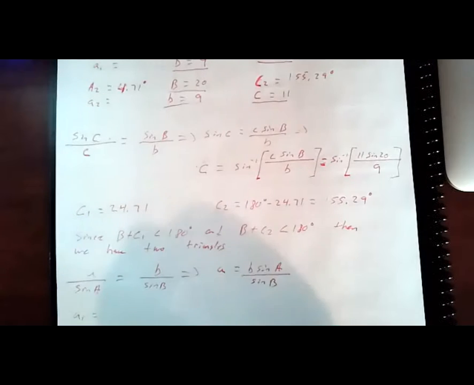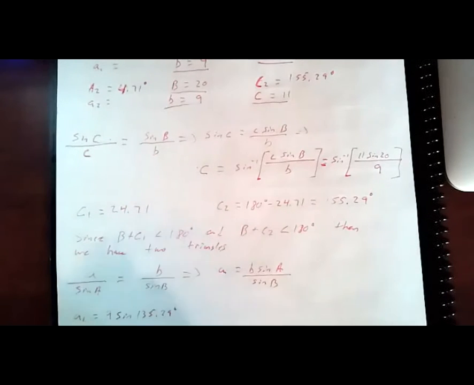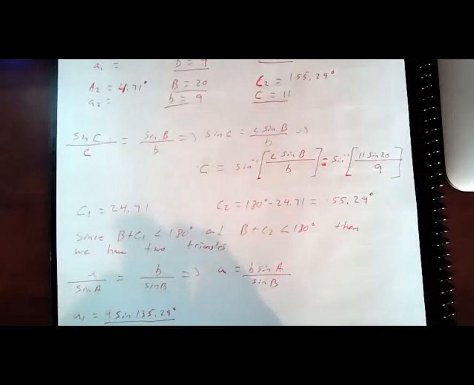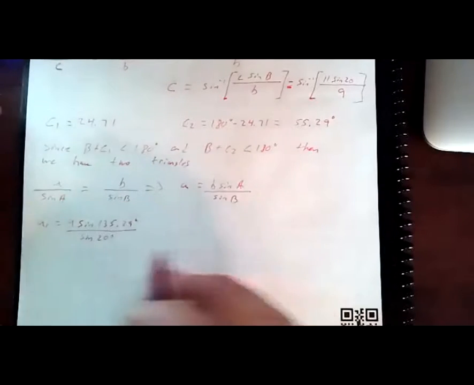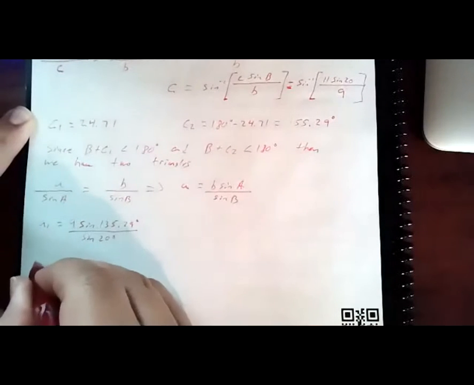So a1 would equal 9 times sine of 135.29 over sine B, which is sine 20. And for a2, it'll be the same thing.